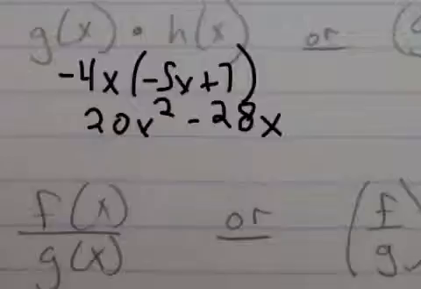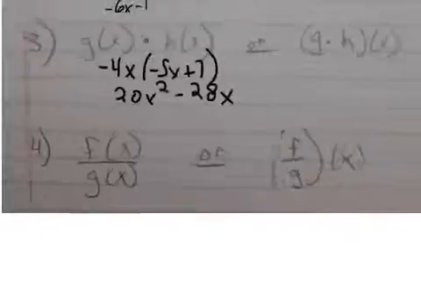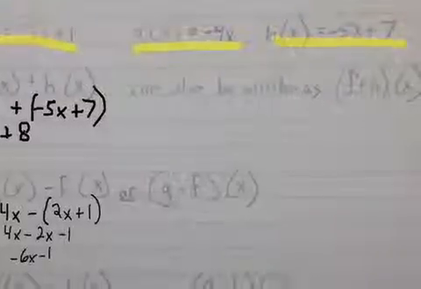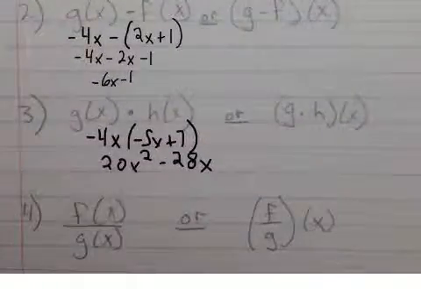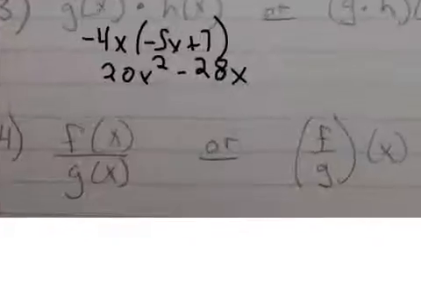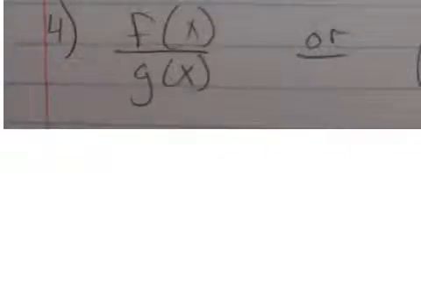Move my screen one more time. I've got f of x over g of x. G of x is that negative 5x plus 7, and f of x is 2x plus 1. So let's go ahead and write this one down. I ran out of my paper picture, so I'll just write on the screen below.